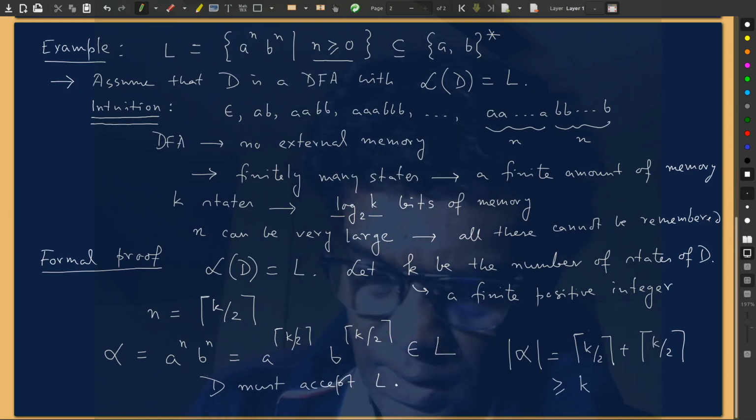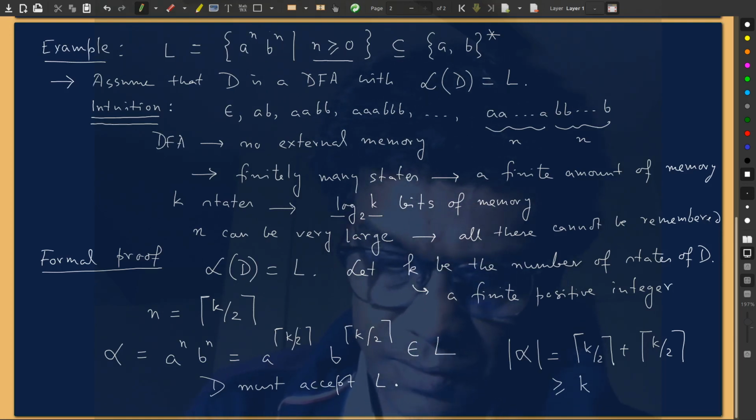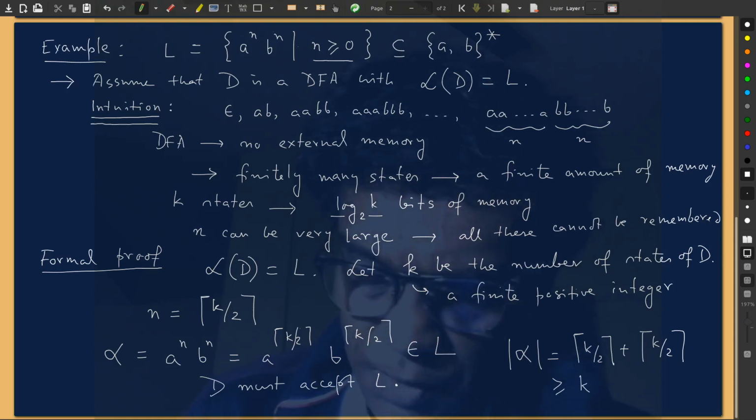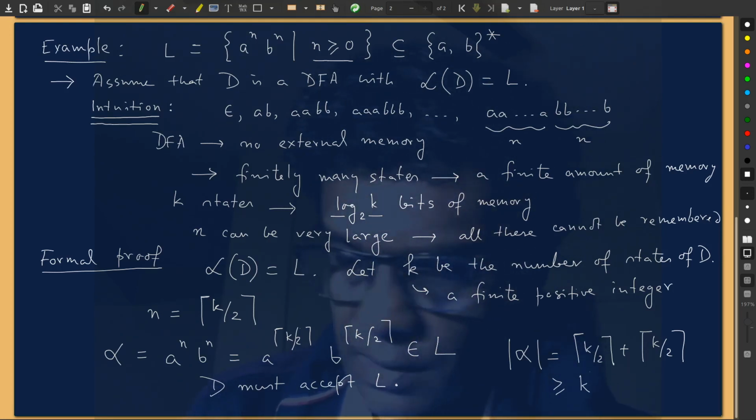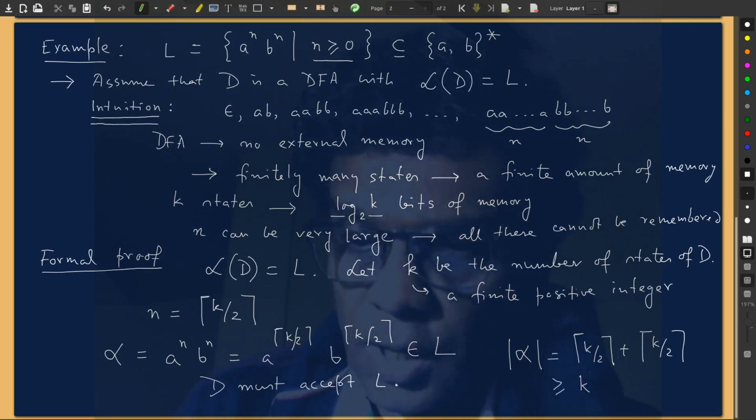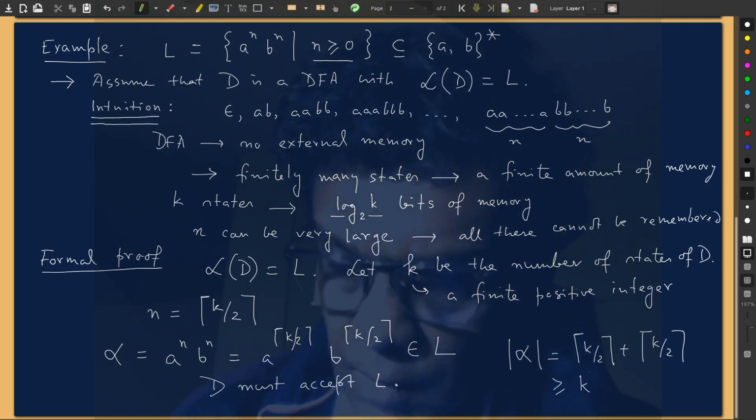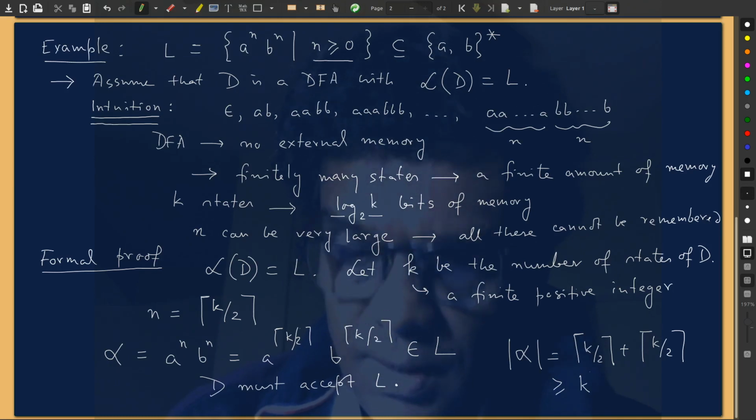In fact we could have taken this as ceiling, this as floor. Anyway, it doesn't matter. No, we cannot take this because the numbers must match. Anyway, D must accept it because this is of the form a power n, b power n. Now let us see what contradiction arises in this process.